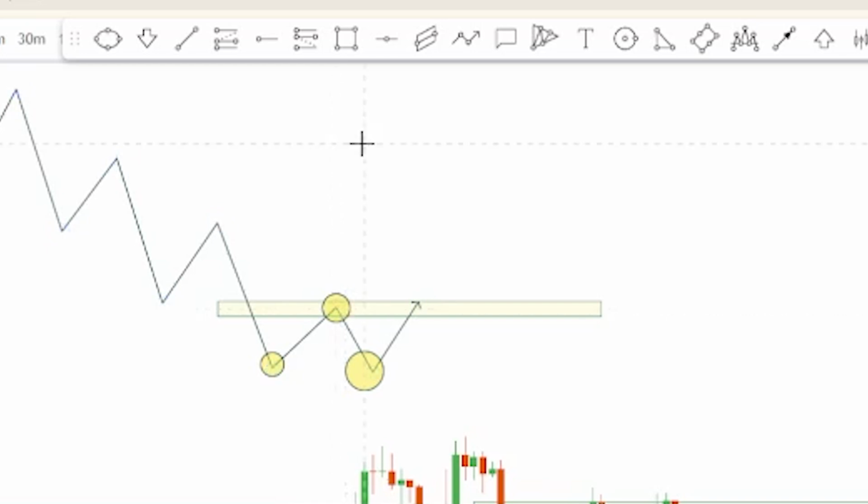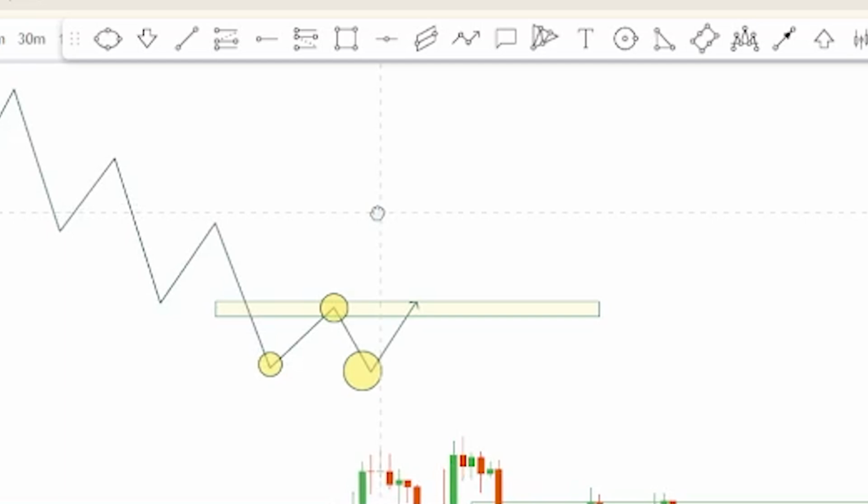This one will act as a resistance. So a good way to trade a double bottom, as I talked about on the double tops, the first way is to break out and enter the market, and after that your target will be the size of the formation of the double bottom.